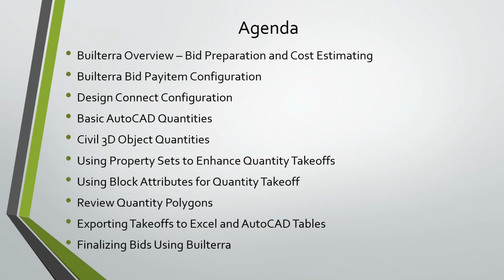And we'll also look at the property sets that are available in Civil 3D 2017, 18, and 19. Property sets are new to most people, but they're a really great way to enhance the data properties of any object in Civil 3D. And we'll finalize the presentation by looking at how to export all of this information to Excel for your schedule unit prices.